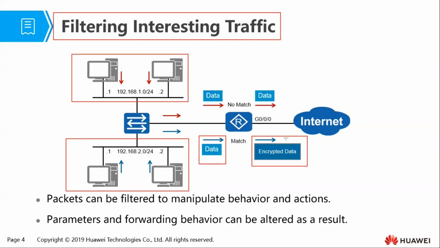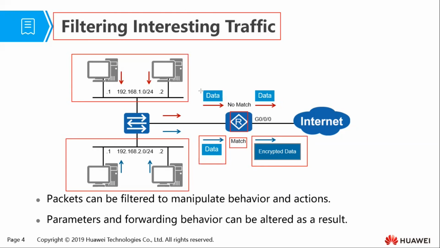So you want that data not to go as plain text. You want it to be encrypted. So in your router, you're going to configure an ACL. If the rule matches, then the data is encrypted.